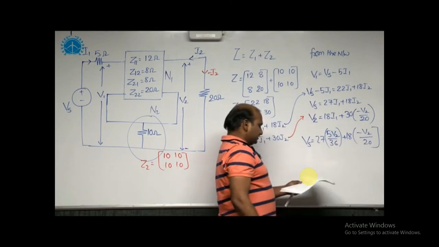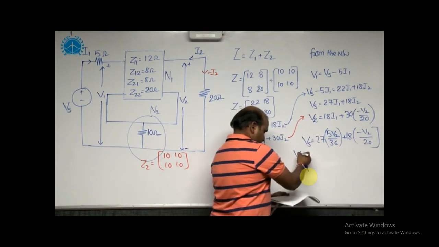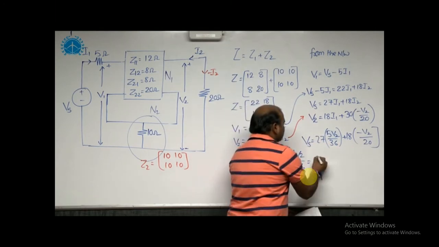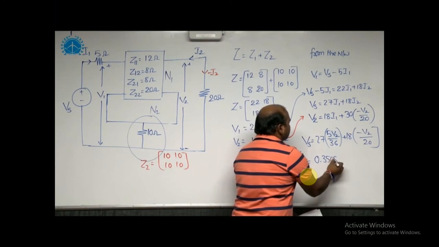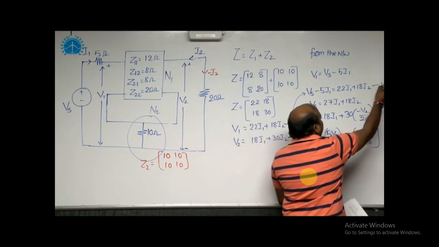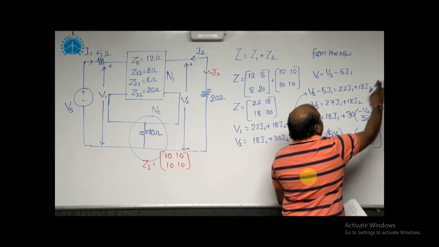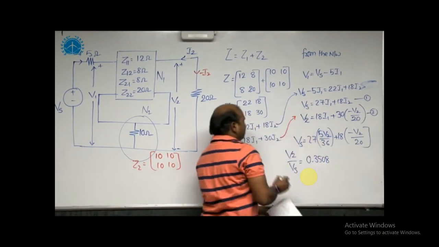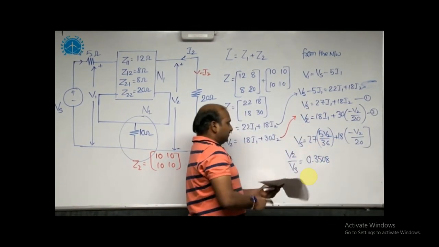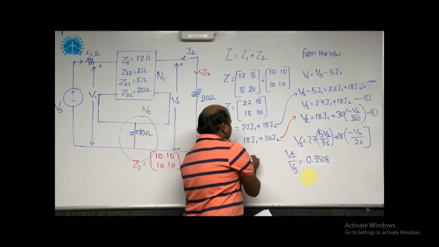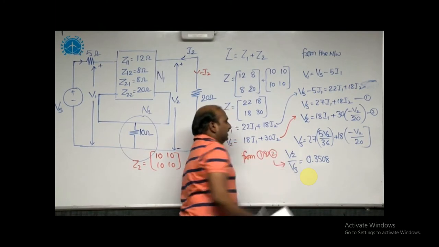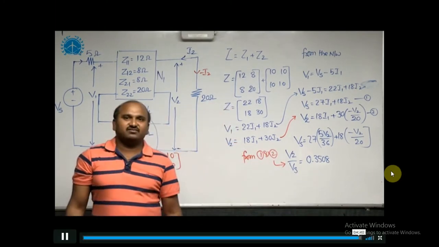From this, V2 by Vs is equal to 0.3508. With these two equations, from 1 and 2, we get the ratio between V2 and Vs as 0.3508.